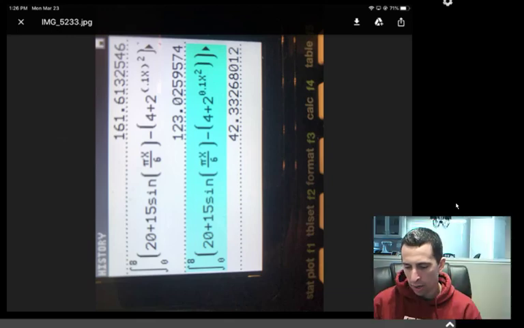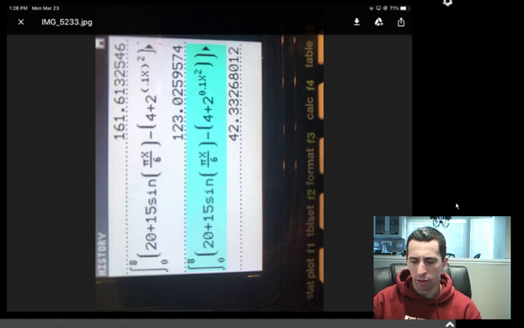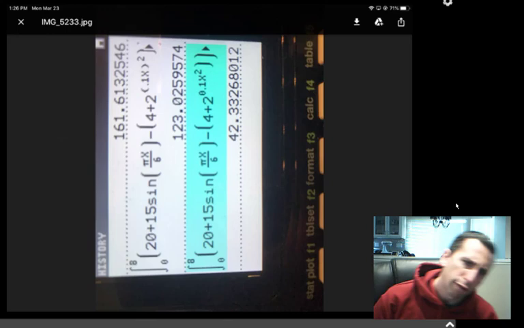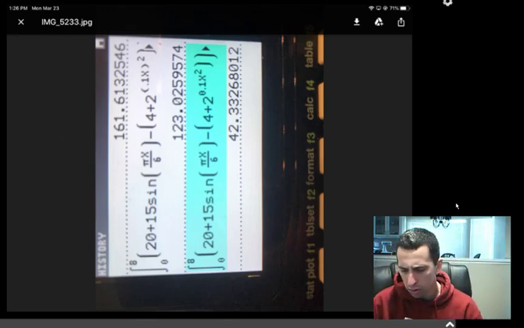What did Catherine do wrong? 20 plus 15 sine pi x over 6 minus... Oh, whoa. Is that whole thing in parentheses? Is that 4 plus 2? I'm sorry, I know you guys can't see this at all. Is that 4 plus 2 thing like an exponent?